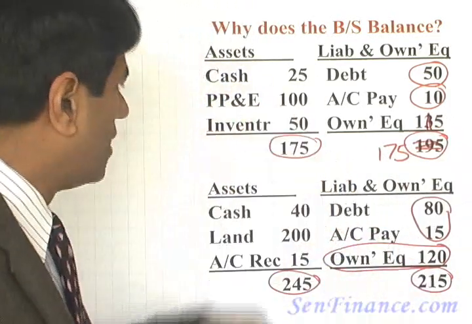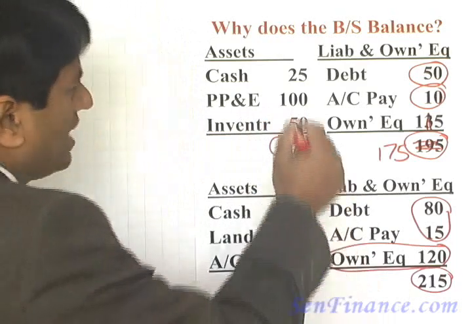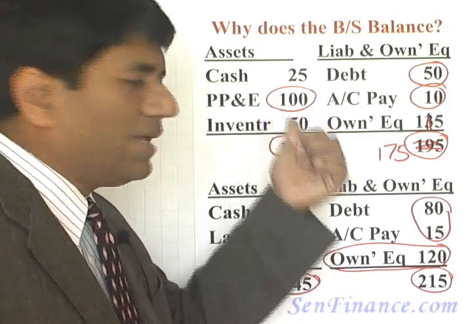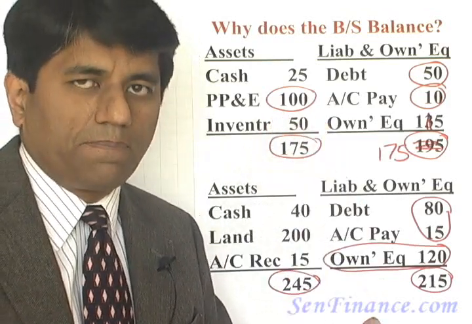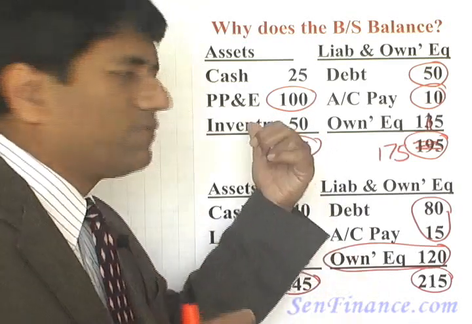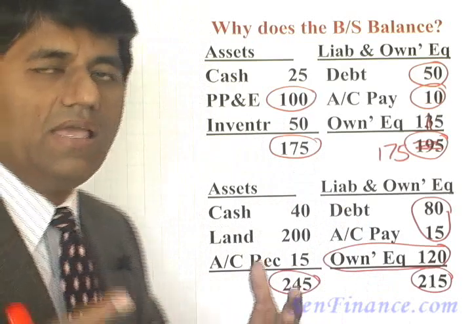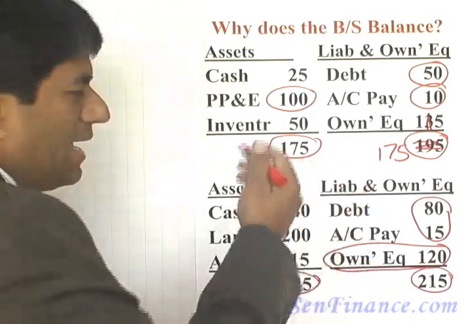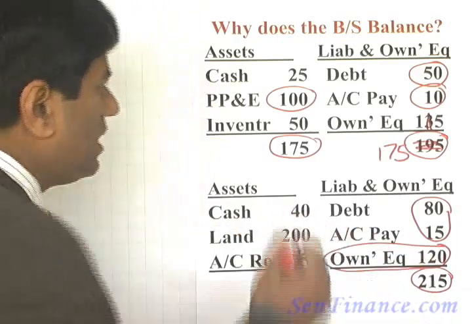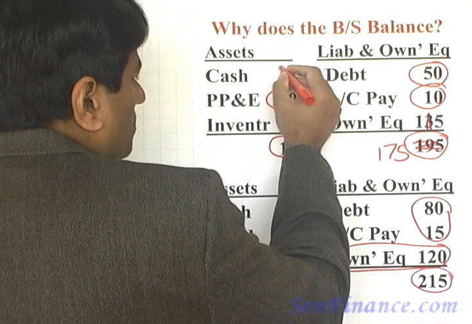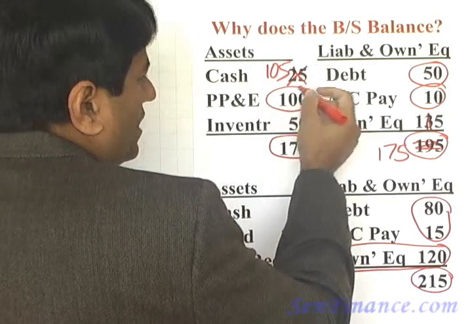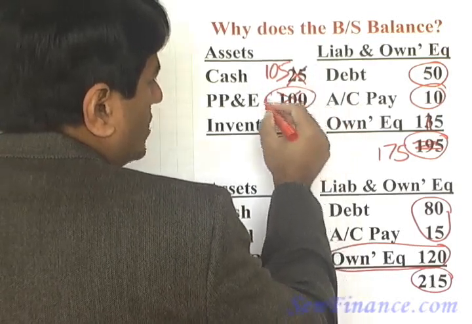Now suppose this firm goes ahead and sells off the property, plant and equipment, and when it goes to the market and sells it, it turns out that the accountant's estimate of the value of the property, plant and equipment, which was 100, is not really correct, but say it sells for 80. So it gets cash of 80. So cash increases to 105. From 25 it increases to 105. Property, plant and equipment is now 0 because it's been sold.